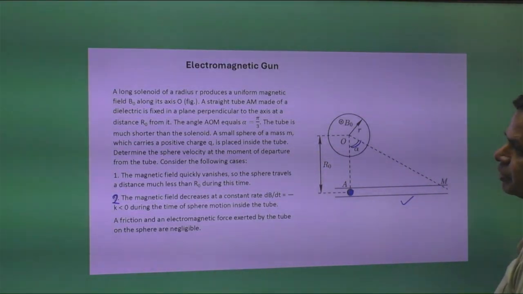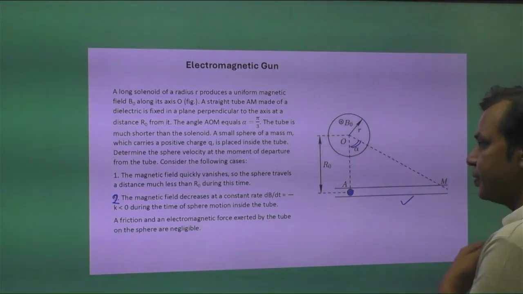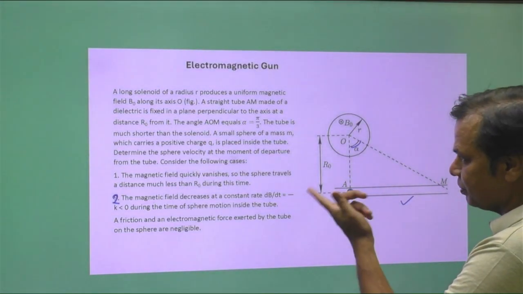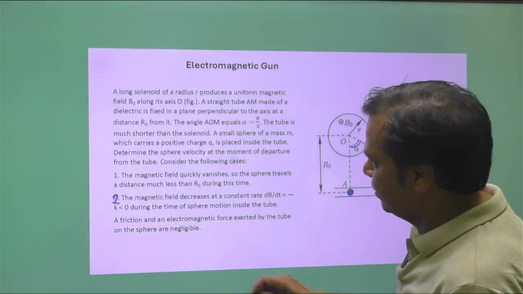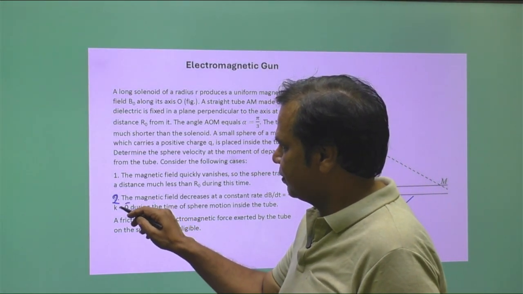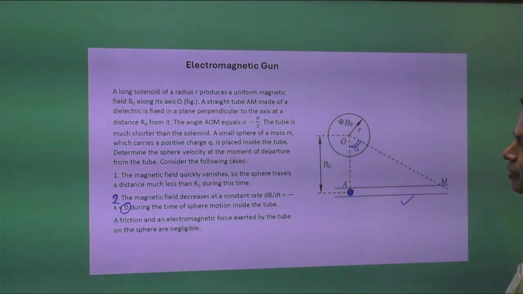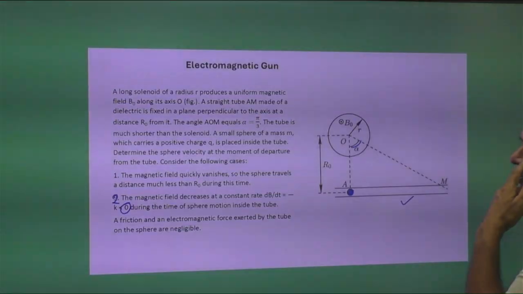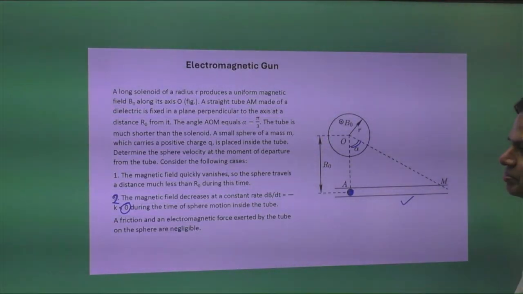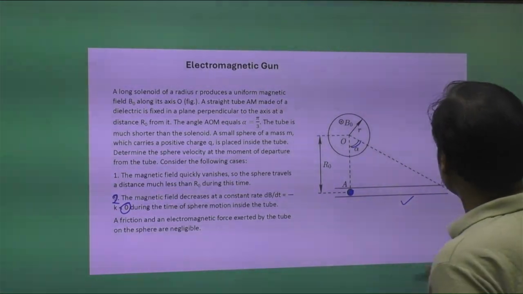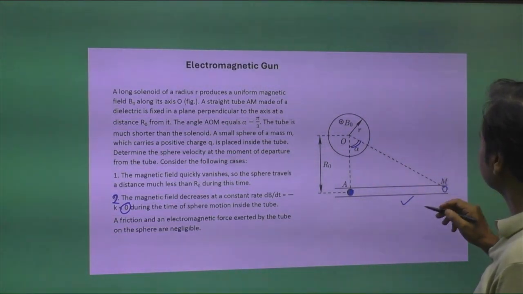Part 2: the magnetic field decreases at a constant rate, dB by dt equals minus k. dB by dt is negative, it is equal to minus k, and k is not negative. That means the magnetic field is decreasing at a constant rate during the time of the sphere's motion inside the tube.